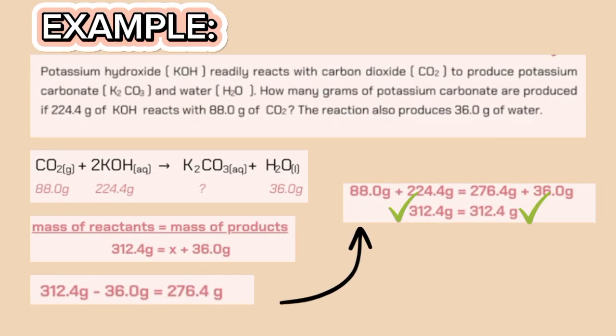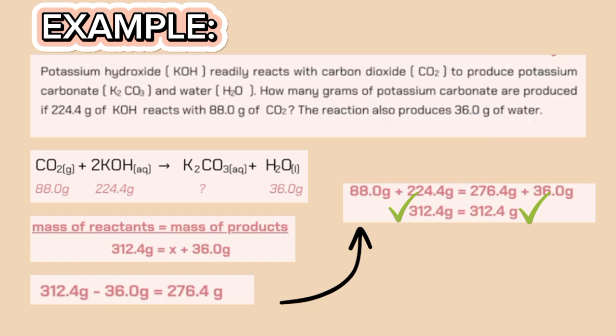Now, in order to check, we can substitute the value of X into our original equation. So 88.0 grams plus 224.4 grams, which are the masses of carbon dioxide and potassium hydroxide as our reactants, should equal the mass of our products, potassium carbonate 276.4 grams and water 36.0 grams.